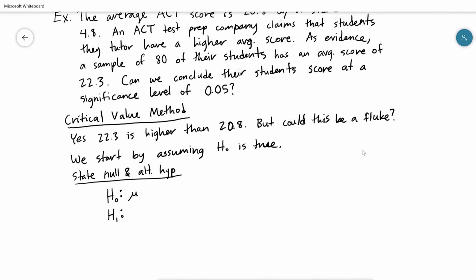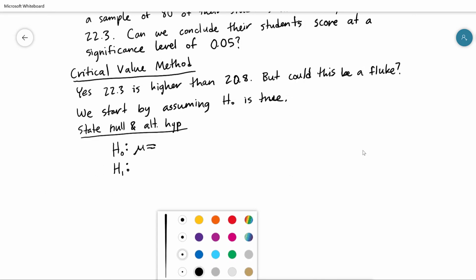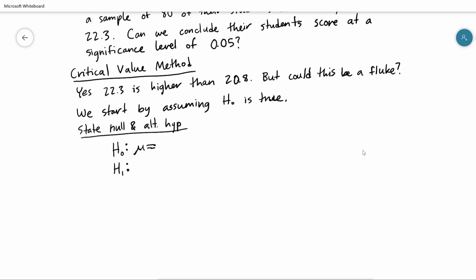And if their testing service doesn't do anything, then the average score of their students should be the same as the average score of everybody. The average score should be the same 20.8 as everybody else.